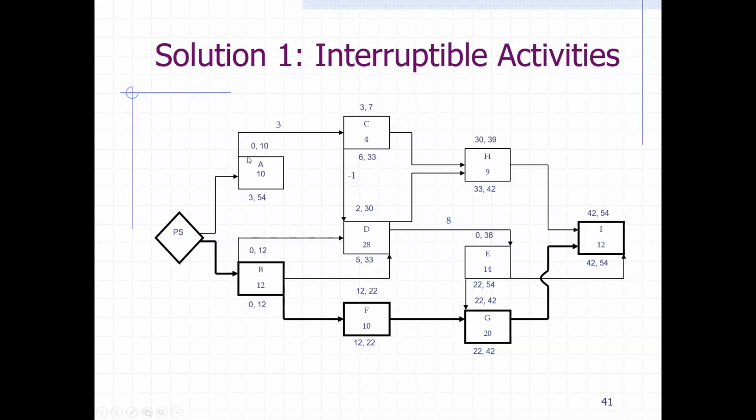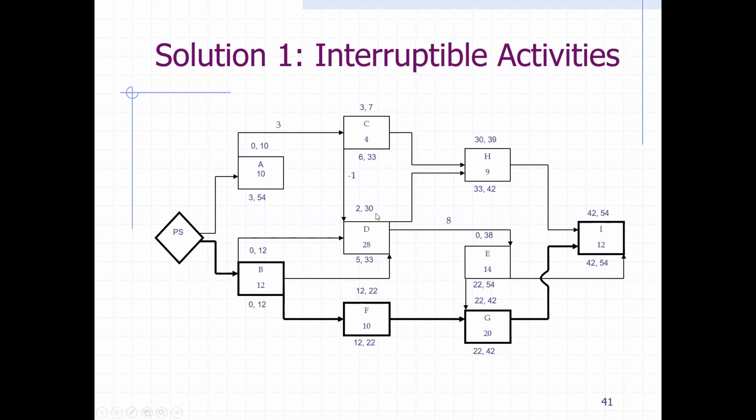The duration of 10 of A is 0 to 10. Then with the lag of 3, C is 3. With the duration of 4, it's 7. We talked about this already, B is 0. With duration of 12, it's 12. Then the early start of these two, according to its duration, 20.